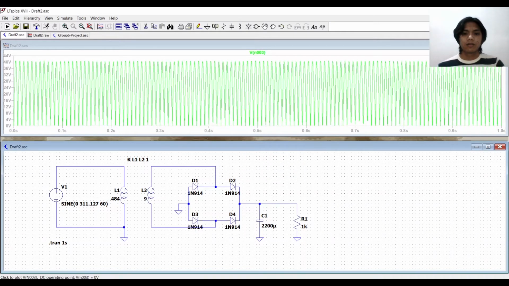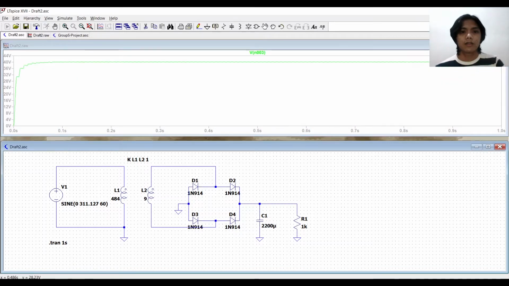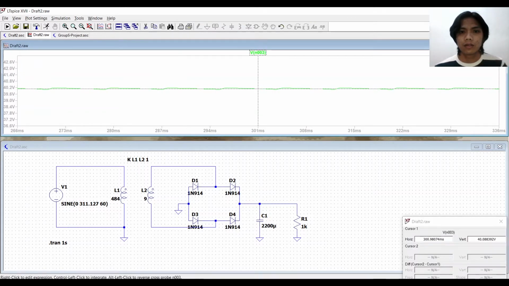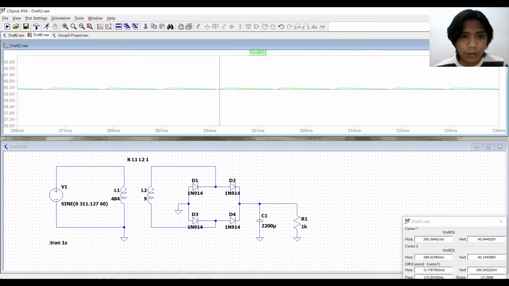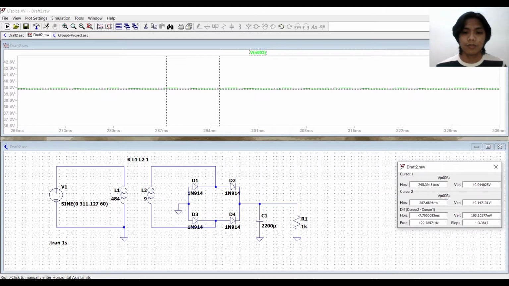Okay, so by simulating it again, here, by zooming into the waveform, you can see that the difference between cursor 2 and cursor number 1 is around 103 millivolts.